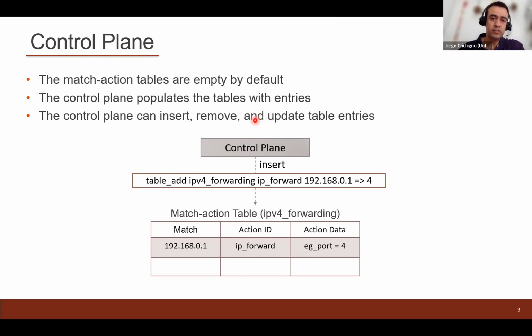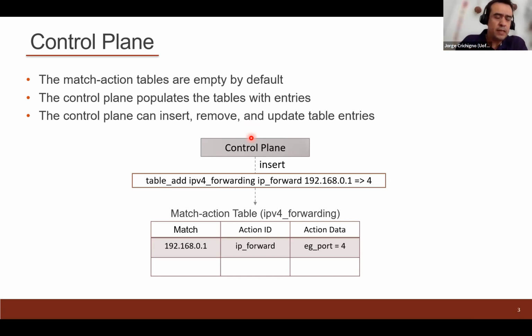So the point is that here we have a human being that interacts with the control plane. The control plane provides an interface so that we can push down information and populate these match action tables.